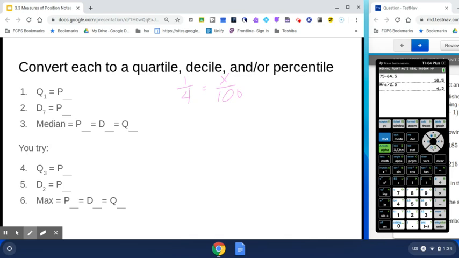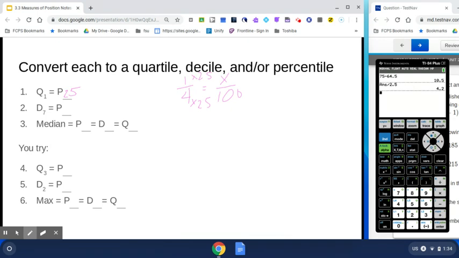So if we solve that for X any way that you'd like, we get the 25th percentile. Again, you can cross multiply to get that. You could just multiply the 4 by 25, and then therefore we'd have to multiply the top by 25. However you prefer to solve proportions.